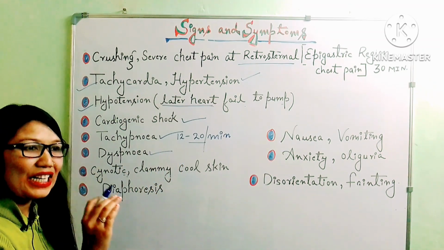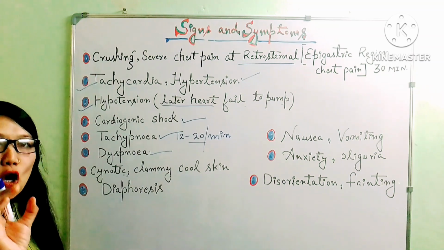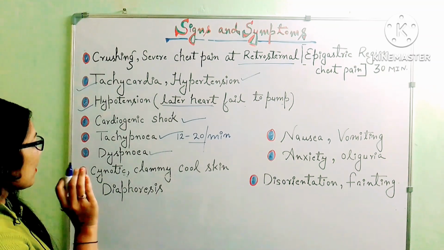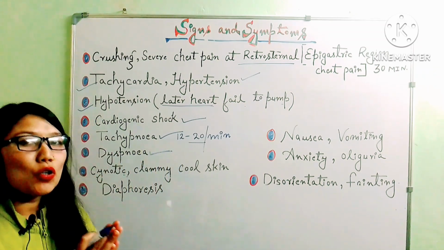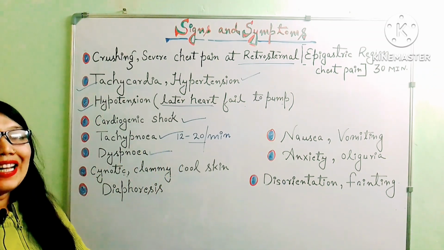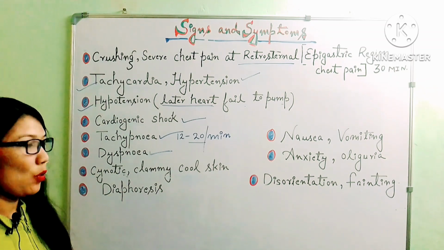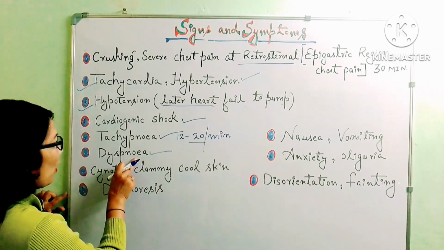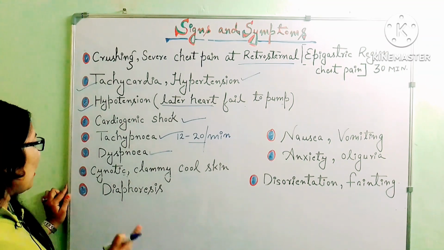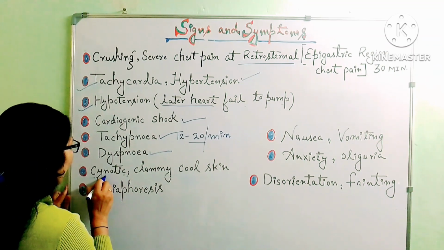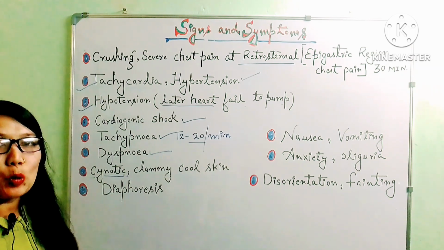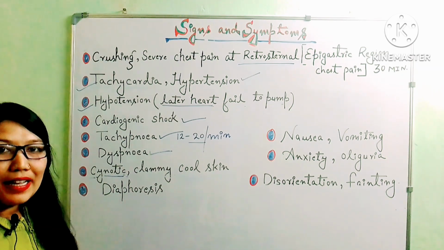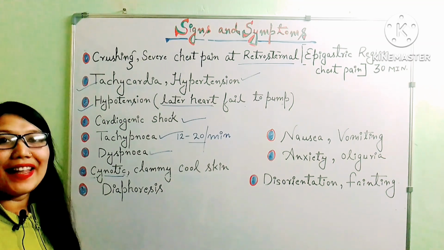Now the cells and tissue are deprived of oxygen supply. So there will be dyspnea, meaning there is a low amount of oxygen and a need for more oxygen. There will be cyanosis: when oxygen-rich blood is not able to reach the cells, the cells become necrotic and die.